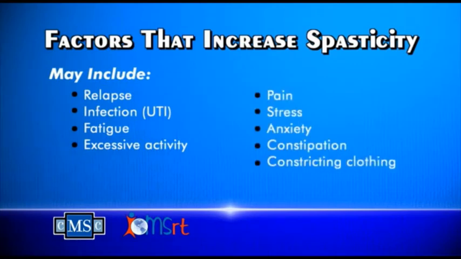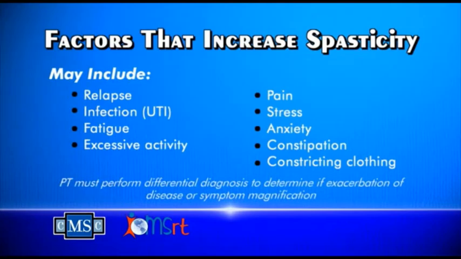Excess of activity, presence of pain, stress, anxiety, even constipation can cause an increase in spasticity, and clothes that are constricting in nature. The physical therapist must perform differential diagnosis to determine if the exacerbation of disease or symptom magnification is due truly to a relapse of the disease, or is it in fact a secondary complication from symptom magnification.